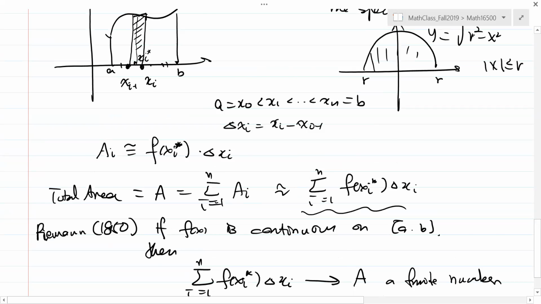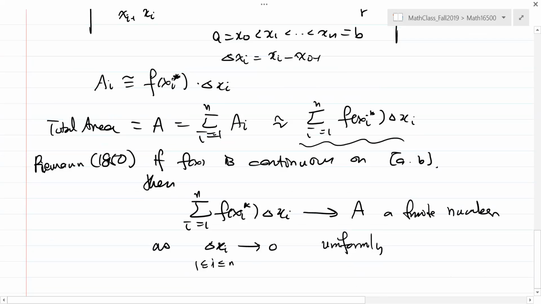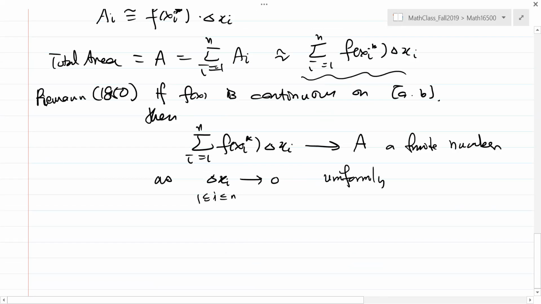And Riemann shows that if the function is continuous, then those sums approach some number. That number should be called the area of the region. The proof is pretty abstract.